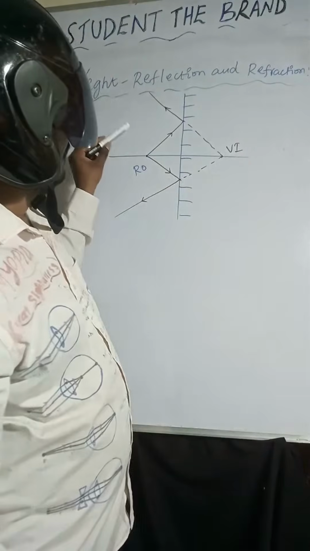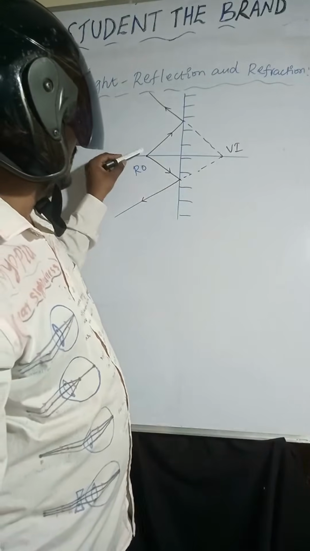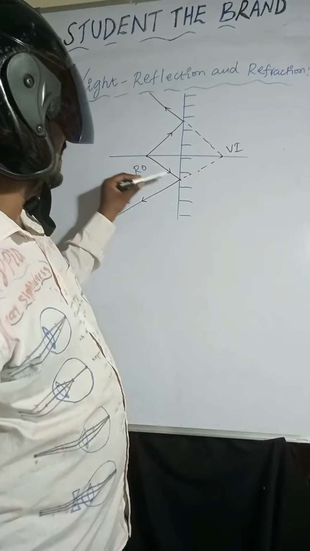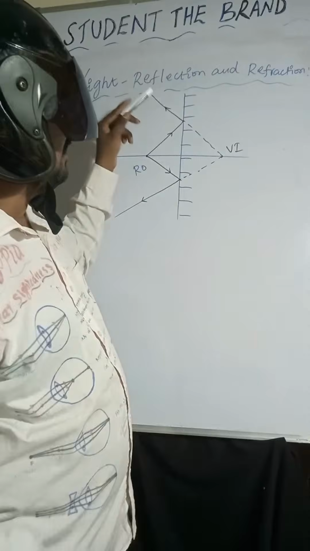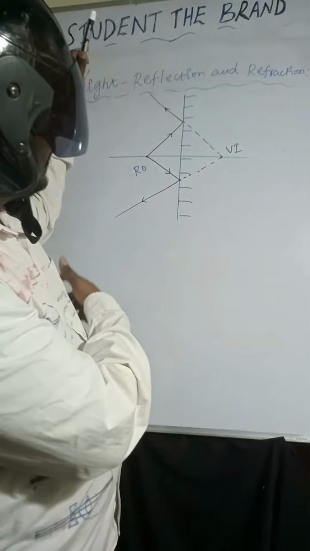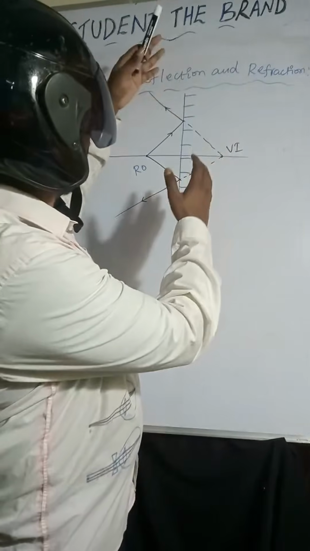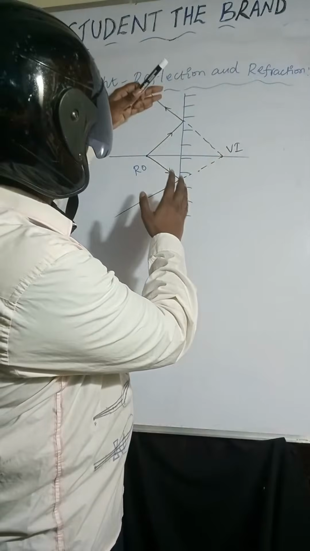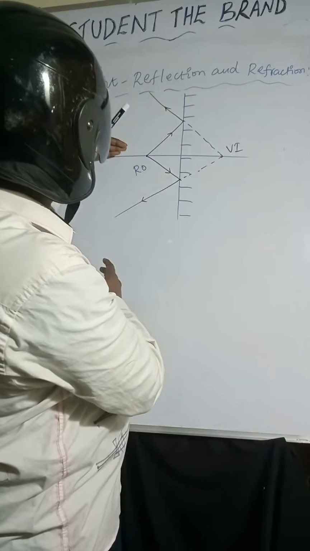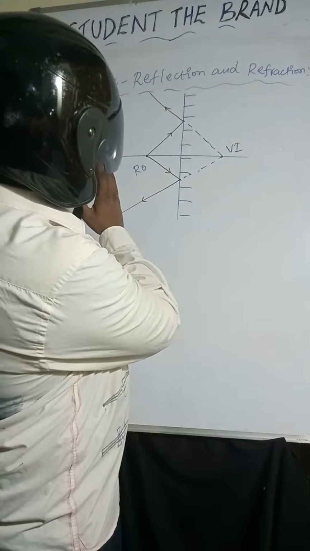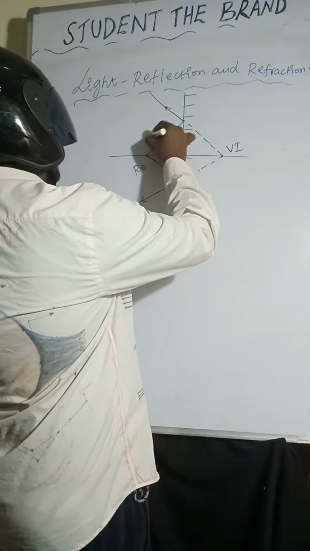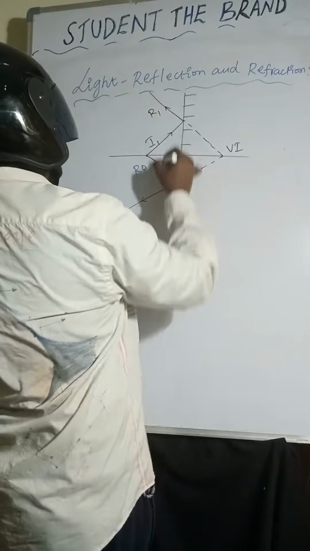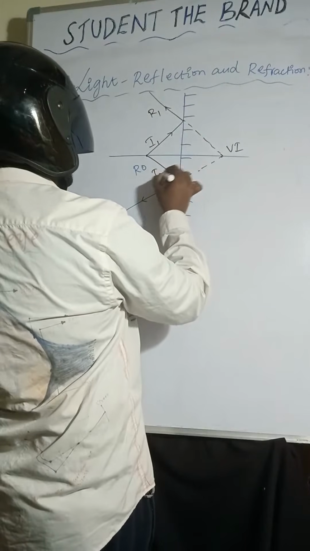Here, from this point, incident light rays are coming. After incidence, the reflected light rays move away from the principal axis, so we extend the reflected light rays. This is the incident ray I1, R1, I2, R2.